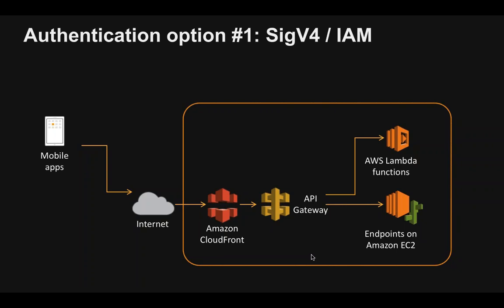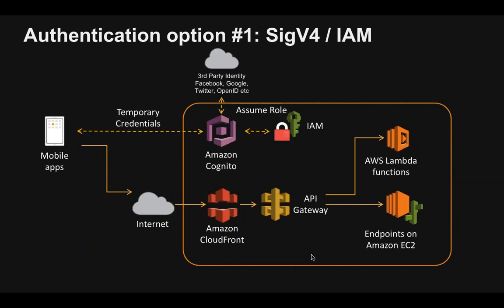Now, the diagram here shows a mobile application being authenticated with Amazon Cognito. In this case, Amazon Cognito is used to generate temporary credentials that can be used to authenticate with the Amazon API Gateway. Amazon Cognito first verifies that identity with an external identity provider, such as Facebook, Google, Twitter, or OpenID.